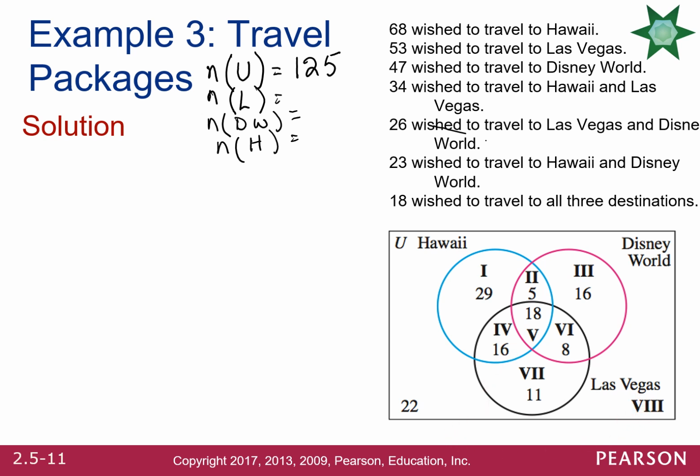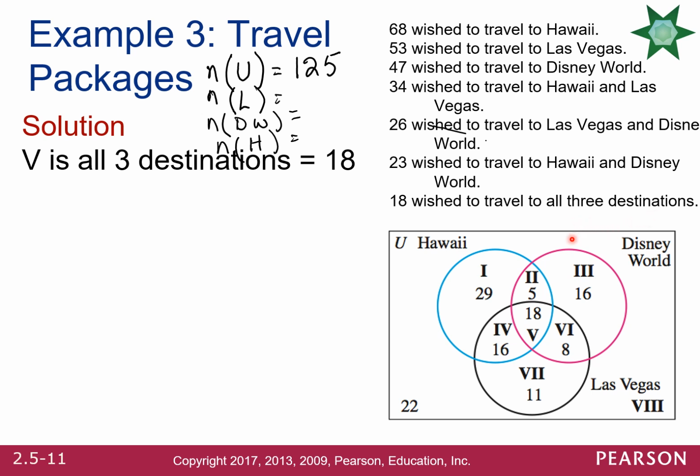All right, so I'm going to pull up the solutions one by one. Over here, V is all three, V meaning region 5, which is the last sentence here. It says 18 wish to travel to all three destinations.